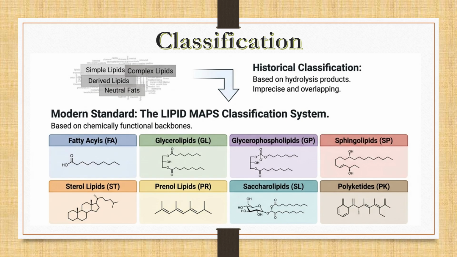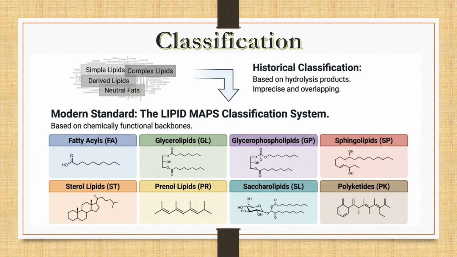To properly understand lipids, we must first address how they are classified. Lipids display extraordinary structural diversity, and this made it necessary for biochemists to develop classification systems that help organize and interpret them.